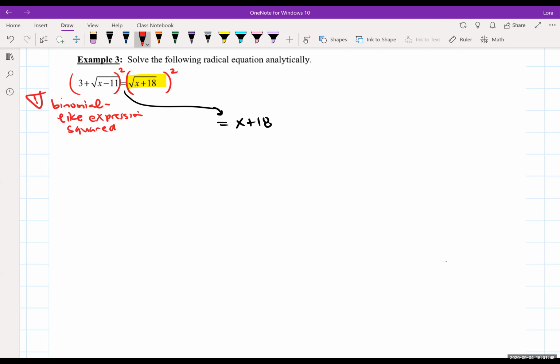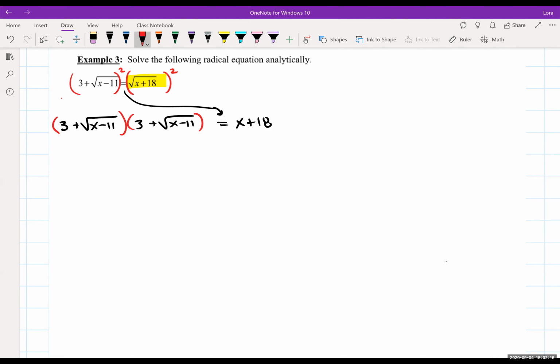So what we need to understand is that you will be rewriting it twice. So I have 3 plus square root of x minus 11 times another 3 plus square root of x minus 11. I always do that to remind myself what exponents mean in the first place.